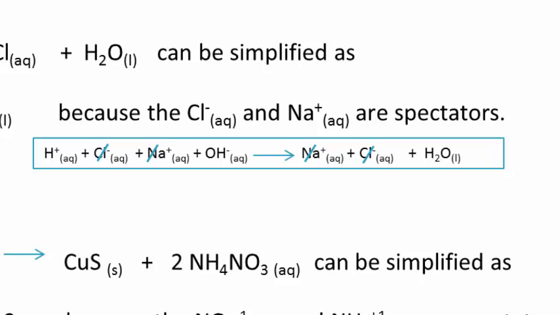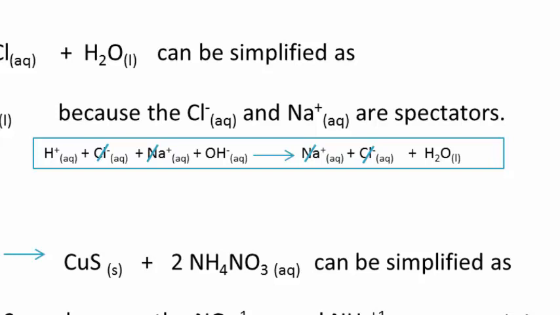So we can represent hydrochloric acid dissolved in water as H+(aq) plus chloride anion (aq). And likewise, sodium hydroxide dissolved in water, we can represent it as sodium cation (aq) as if it's by itself, and hydroxide anion as if it's by itself.